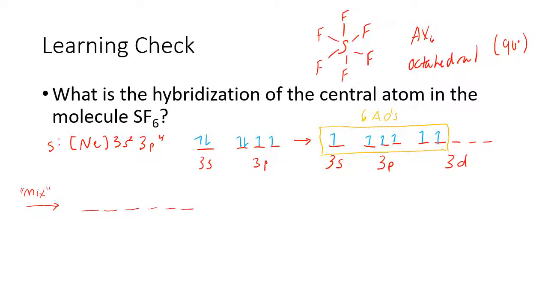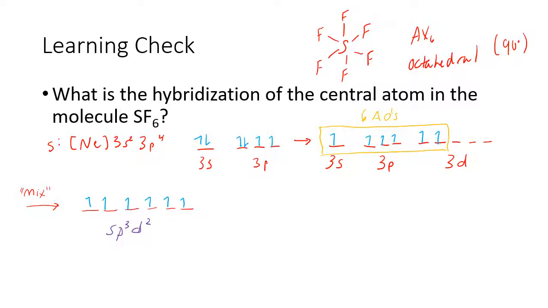They'll be called sp3d2. So each one of them is named sp3d2. We'll repopulate them with our 6 electrons from earlier. And this is going to give us 6 half-filled hybrid orbitals on our sulfur atom that can be used for bonding.